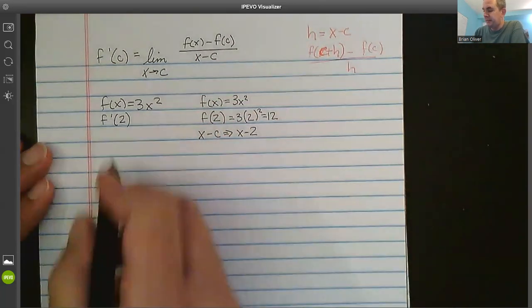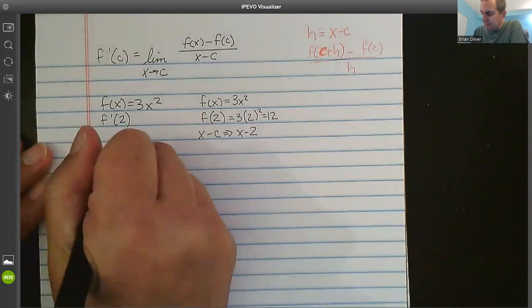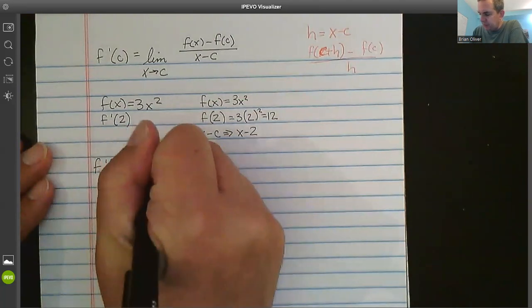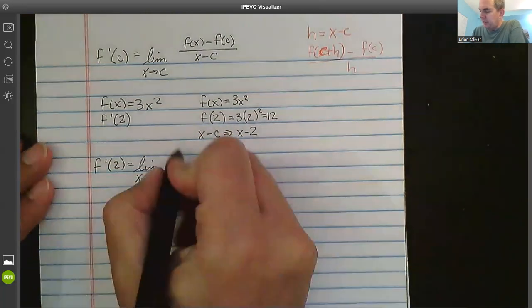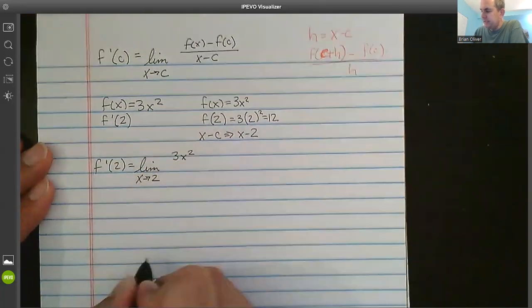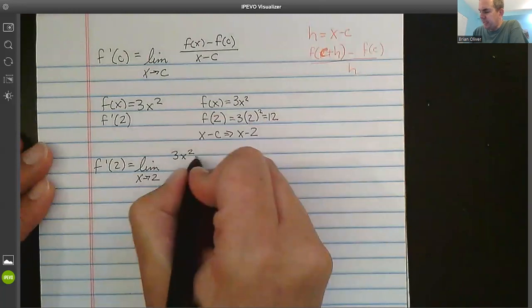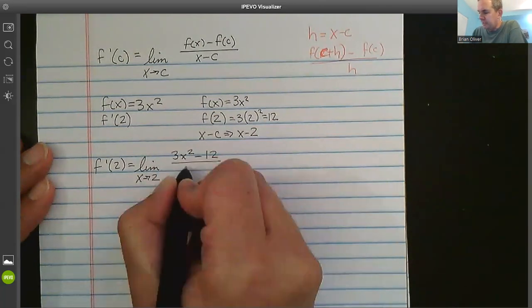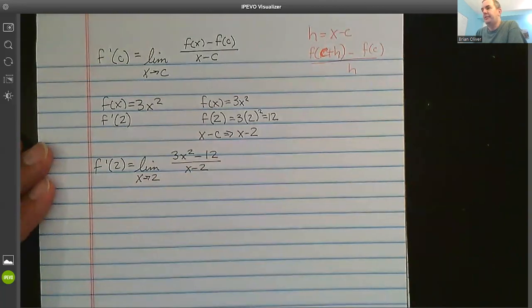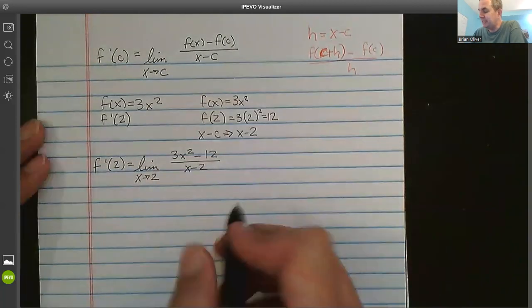To do this derivative, f prime at 2 is going to equal the limit as x approaches 2 of 3x squared, that's my f of x, minus 12, that's my f of c, all divided by x minus 2. And this goes back to what we just took our test on. If you look at this, you can't plug the 2 directly in, so we do our little factoring thing.